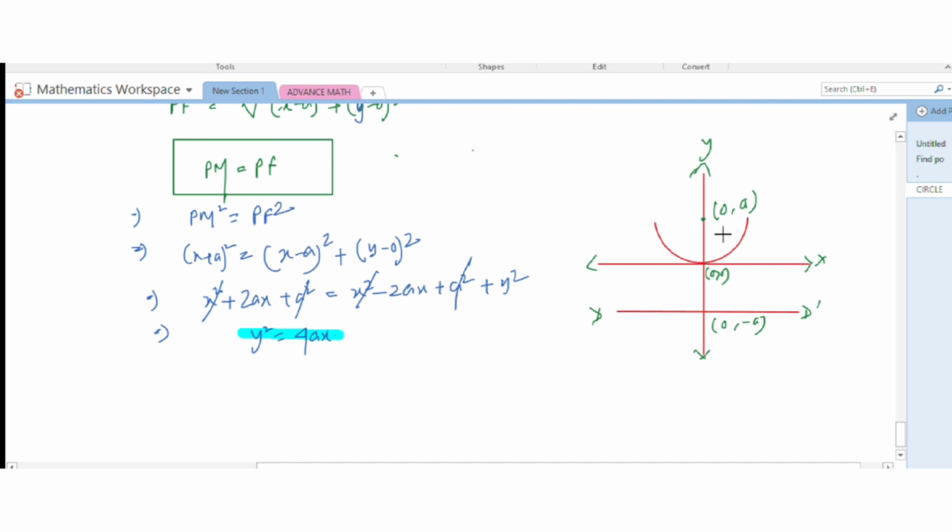If I take P(x, y) here, then this distance and this distance must be the same, right? It doesn't look the same, but mathematically it's the same, where this angle must be 90 degrees. Okay, so this is P(x, y). After calculating this one, we'll get this equation as x square equals 4ay.